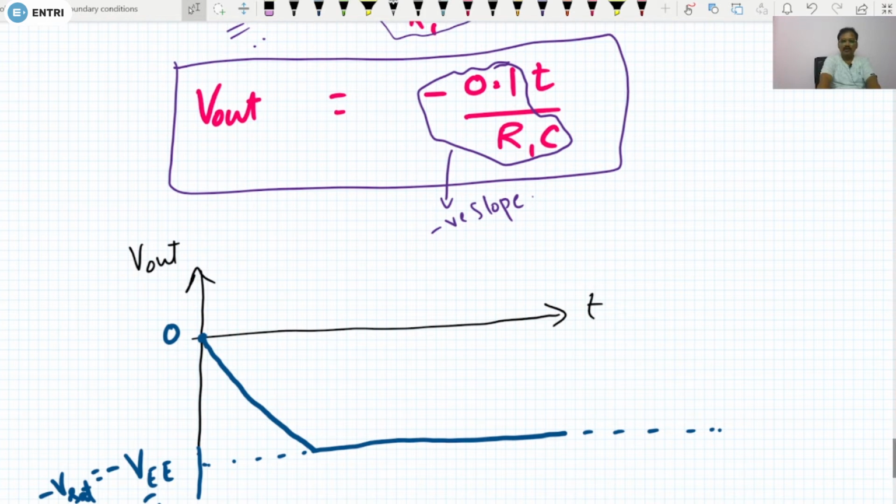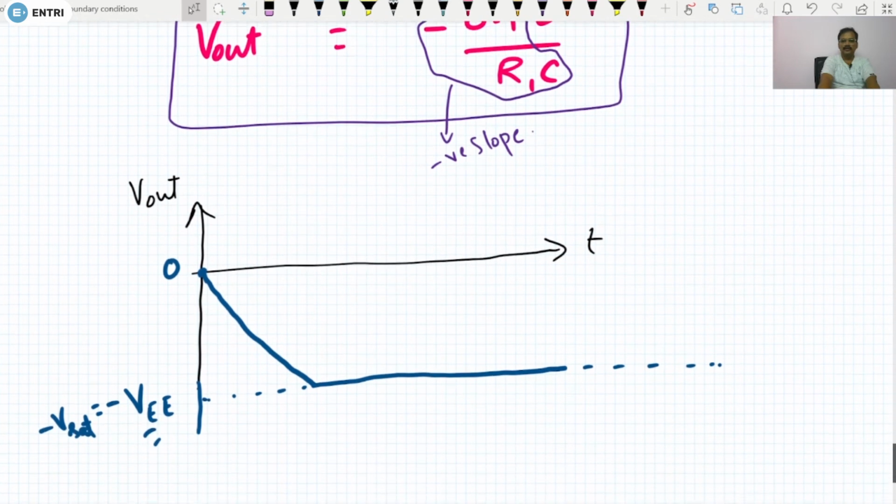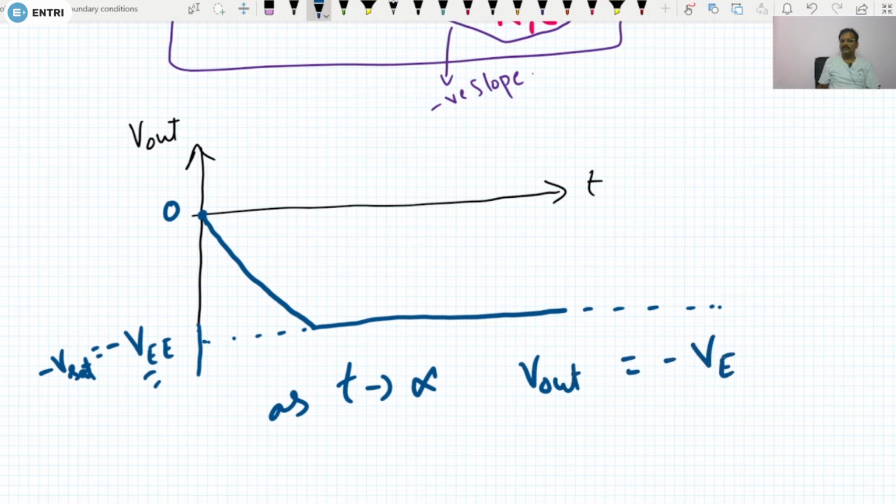Now if they have asked for the output voltage at t equal to infinity, that means as t tends to infinity, the output voltage will be equivalent to minus VEE. They have simply asked for the output voltage.